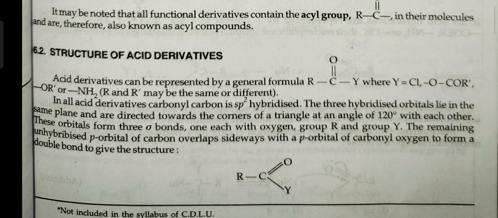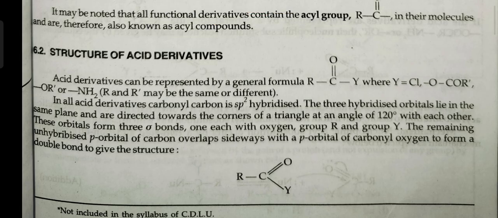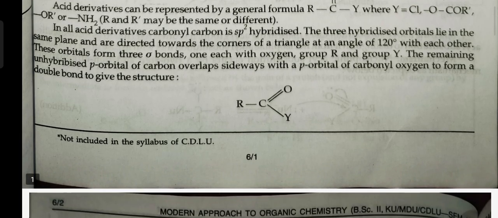The three hybridized orbitals lie in the same plane and are directed toward the corners of a triangle at an angle of 120 degrees with each other. These orbitals form three sigma bonds, one each with oxygen, group R and group Y. The remaining unhybridized p orbital of carbon overlaps sidewise with the p orbital of the carbonyl oxygen to form a double bond, to give the structure.